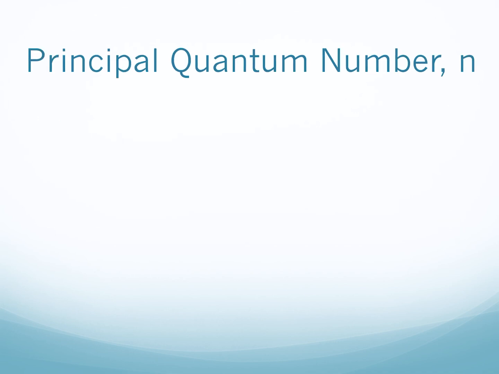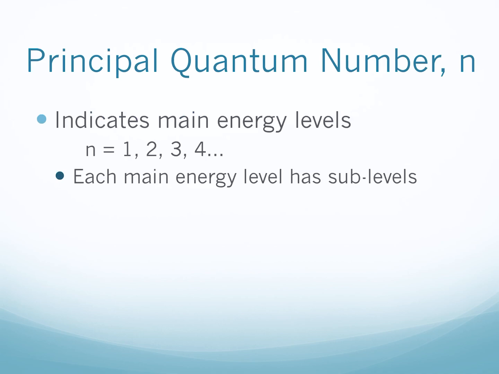So the first one is the principal quantum number. This is what you think about when you think about energy levels. So if you've written electron configurations before, like 1s2, 2s2, 2p6, it's that number in the front, that 1s, 2s, 2p, and that indicates the main energy levels. And it's always going to be a number, 1, 2, 3, 4, and so on and so forth.